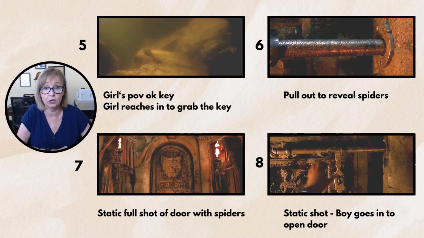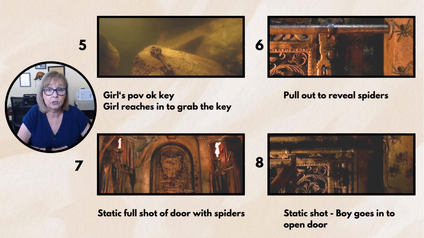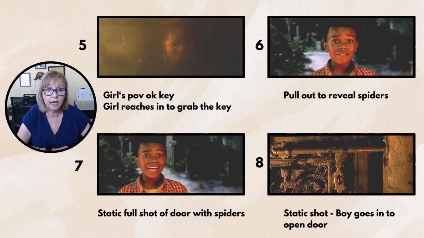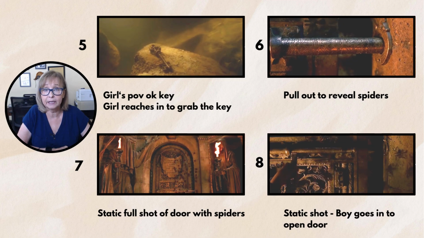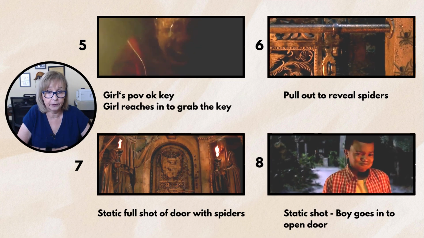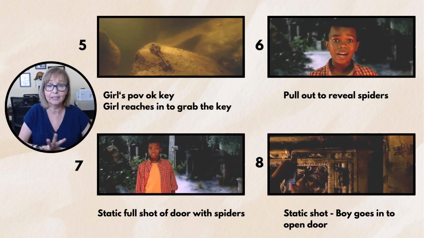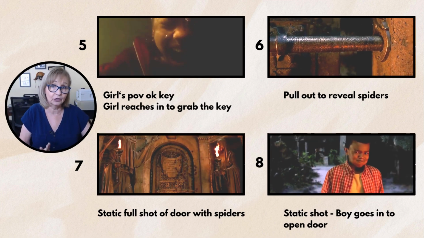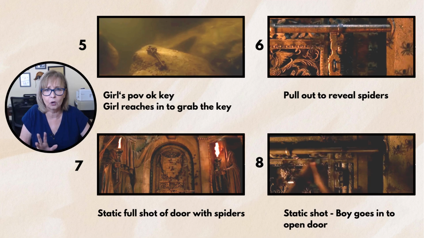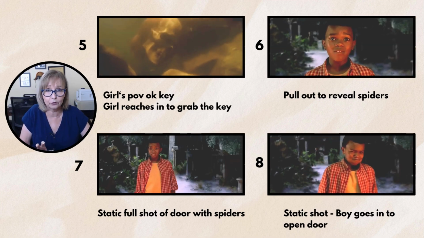All right, and then number 6, we have a pull out to reveal the spiders on the doorknob. All right, so that's one shot. And here, this is where I was saying that some of these were a little deceiving, because you think, oh, well, that's all one shot, right? No, it's several shots.